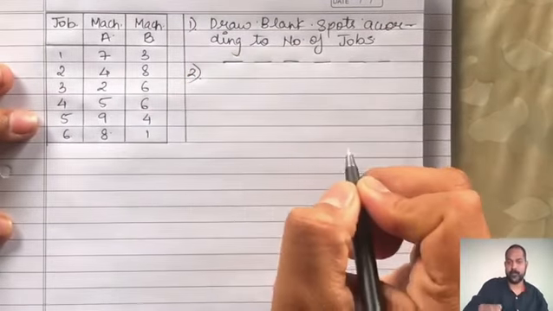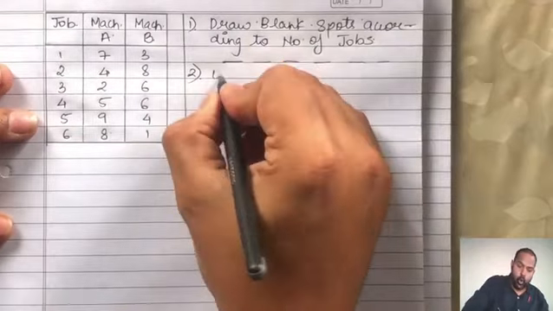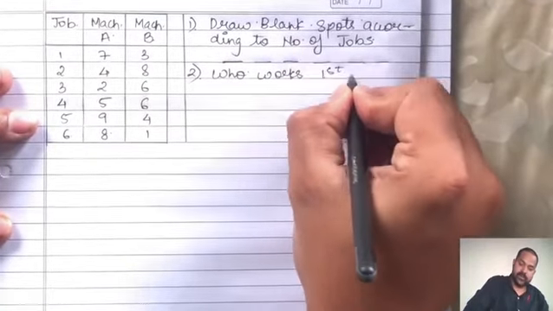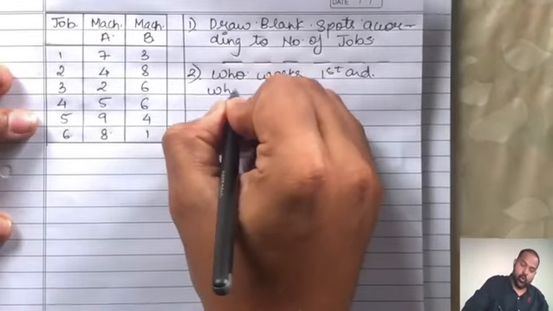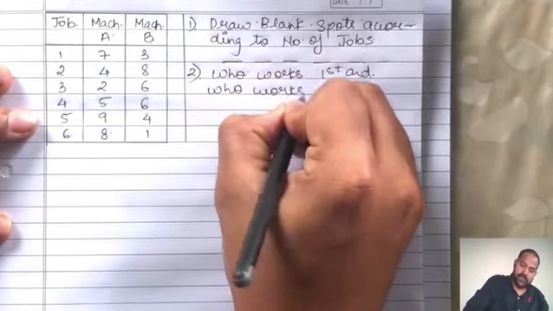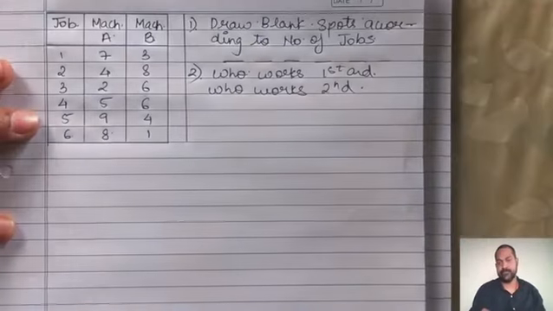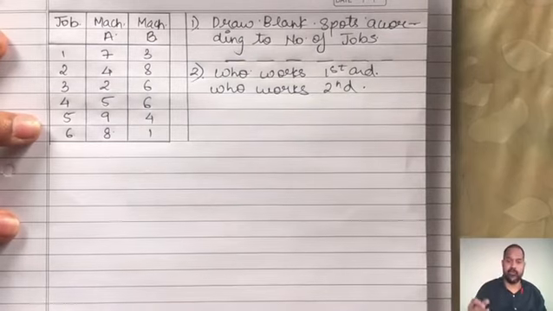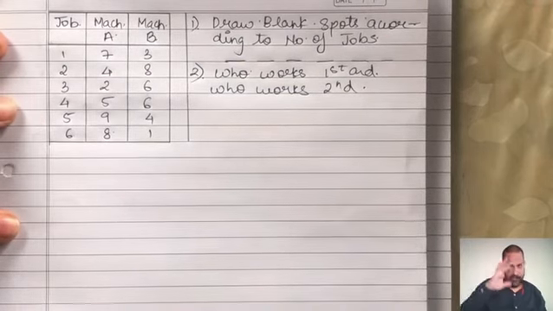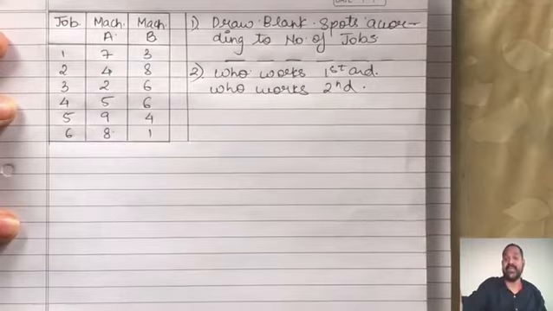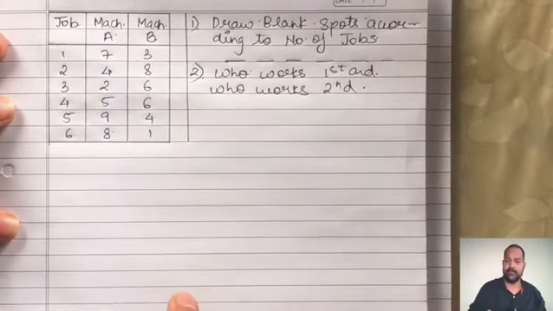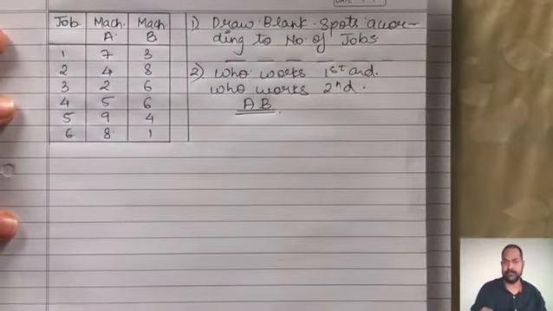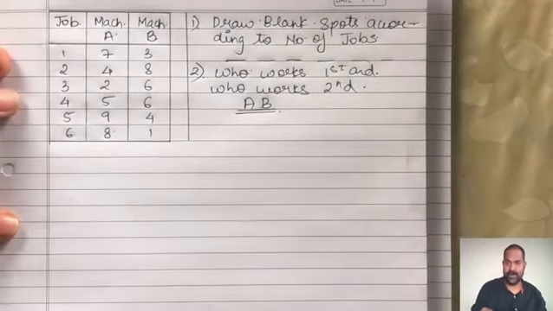Step 2. Who works first and who works second? You ask, who is working first? Well, they just told you that whatever job has to go to A first and then B, in that order, A and then B. Okay, so according to me, the order is A and B. Correct?